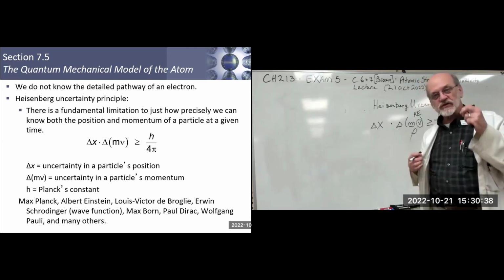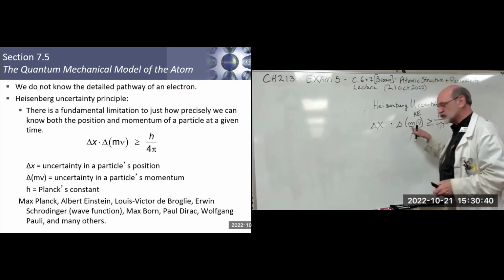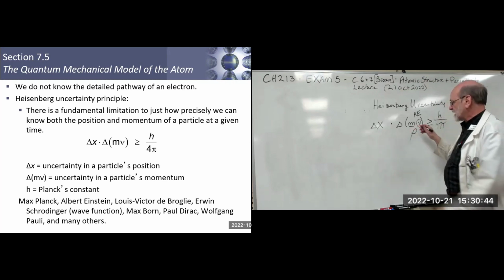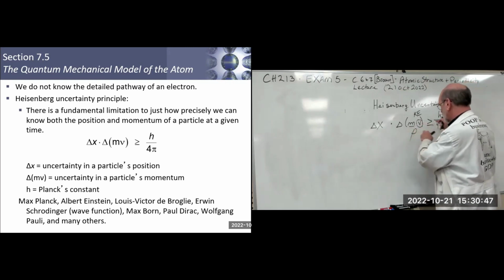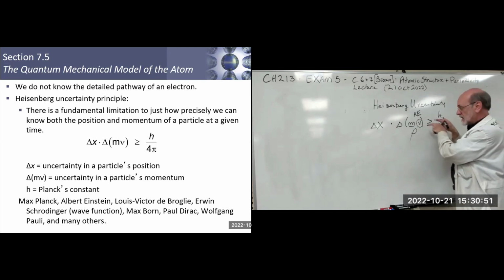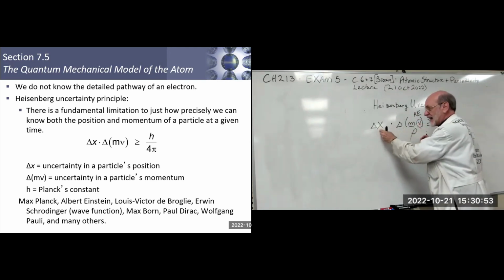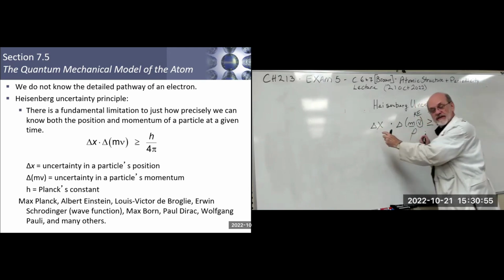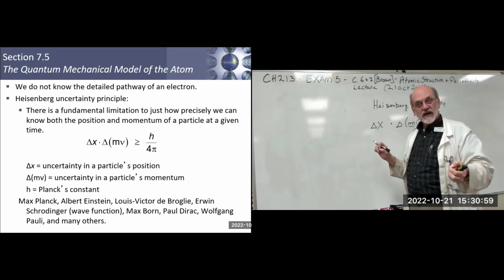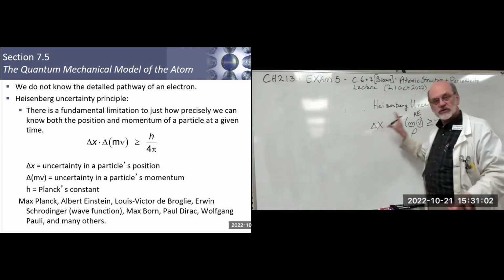But for very small particles, if this is extremely small, then in order to be greater than this value, that has to be extremely large. That means the uncertainty of the position of the electron, in our case, is unknowable. It's just too big.